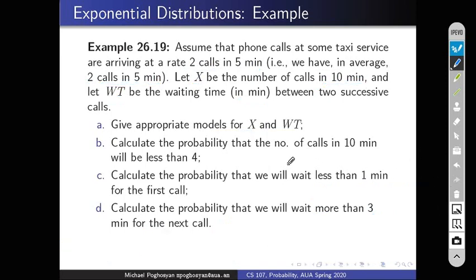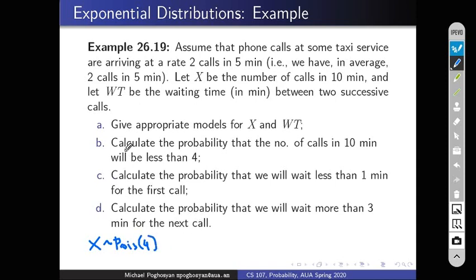Now we can easily calculate the rest, the probabilities. So the probability that the number of calls in 10 minutes will be less than 4. X, not tilde, sorry, the number of calls in 10 minutes, was Poisson with parameter 4.